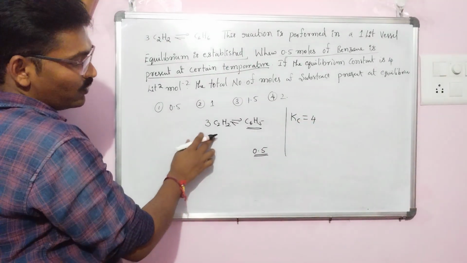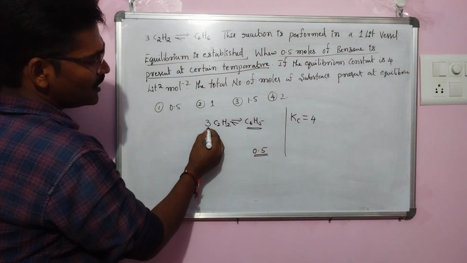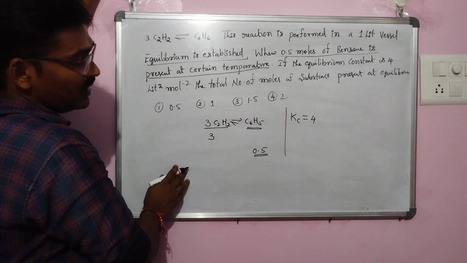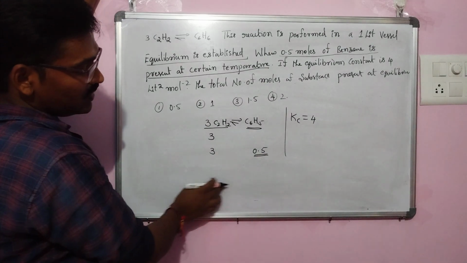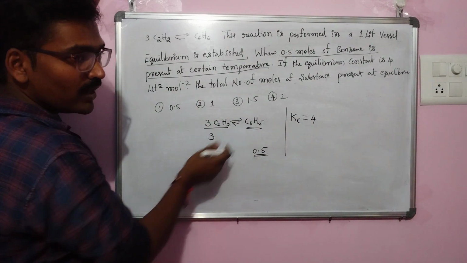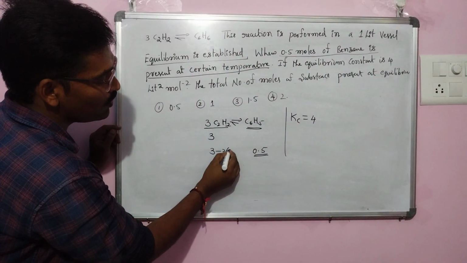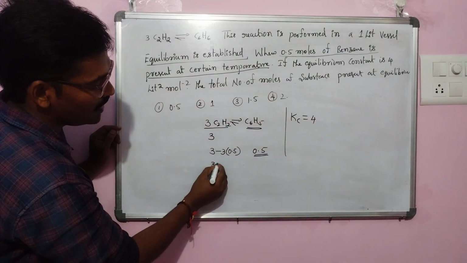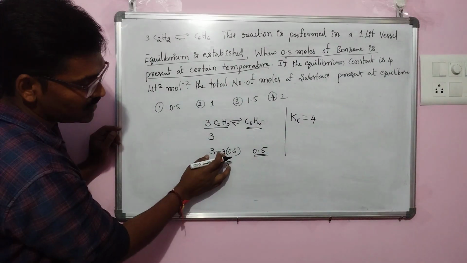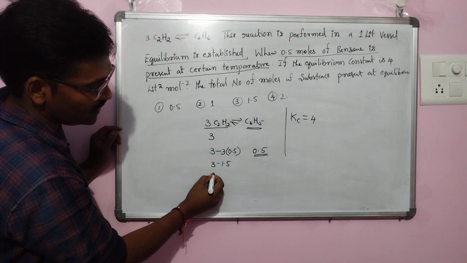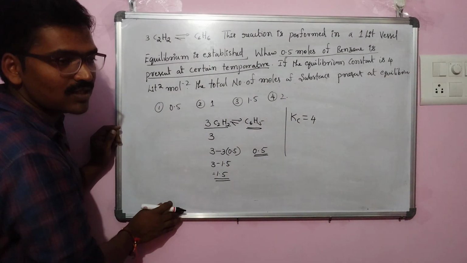At the initial stage, what is the concentration of this? 3 moles, mentioned in the question itself. Then when 0.5 moles is formed, we have to remove from here; the coefficient 3 is there, so 3 into 0.5 moles. Then 3 minus 1.5, because 3 into 0.5 is 1.5. So finally you get 1.5. These are the original equilibrium concentrations.